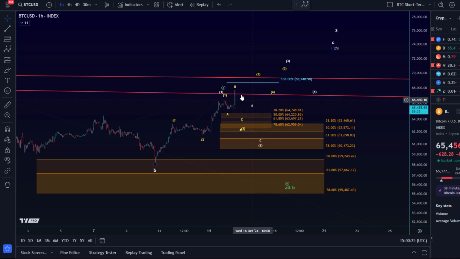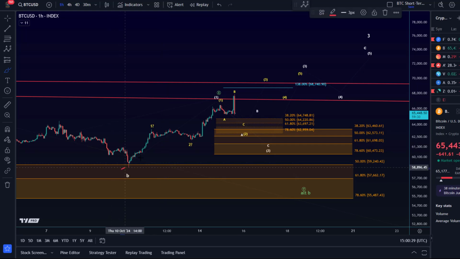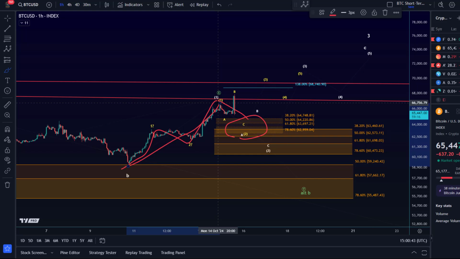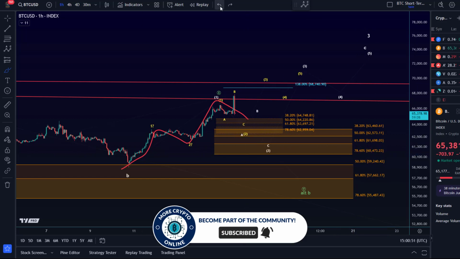Now, whether this is a more bullish so-called nested 1-2 setup with support between 64,750 and 62,960, or whether this is a larger wave 2 where we had all of this as a wave 1 and then a larger wave 2 with support at 60,473, that's at the moment unclear, okay?